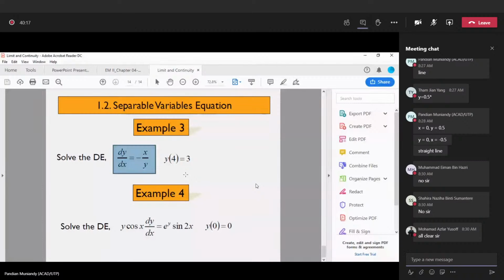Now, how to find c? So you substitute y equals 3. So left hand side is 3 squared, 9 over 2 equals minus x squared over 2, x is 4. So 4 squared, 16 over 2 plus c. So your c equals 9 plus 16 over 2. So what is your c?